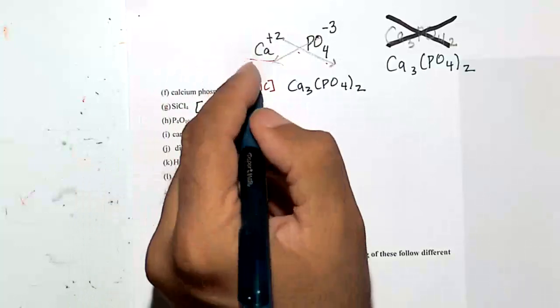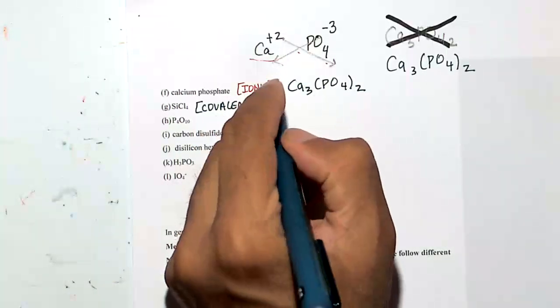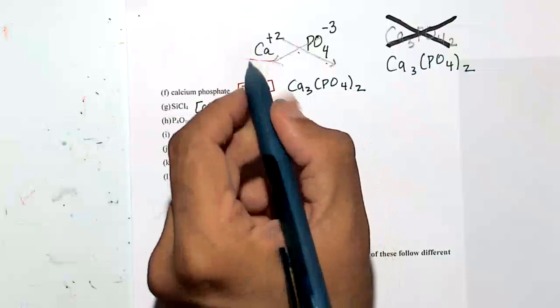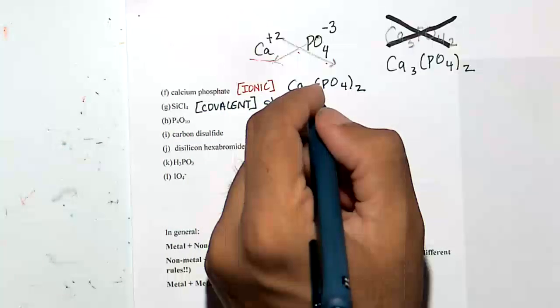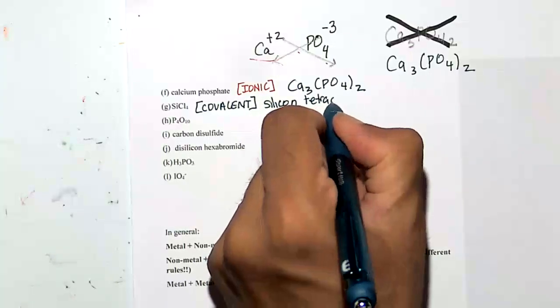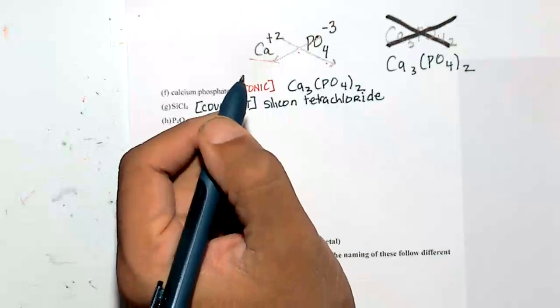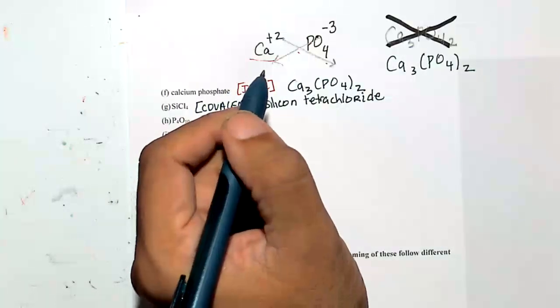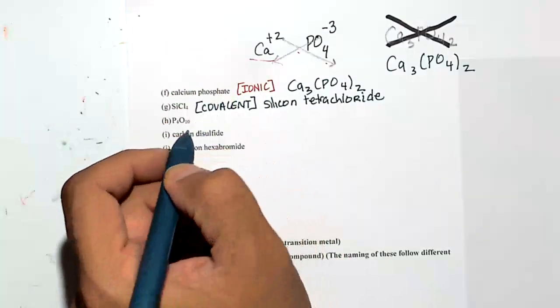What's Si? Silicon. Silicon chloride? Tetrachloride. Okay, it's silicon tetrachloride. It's a covalent molecule.